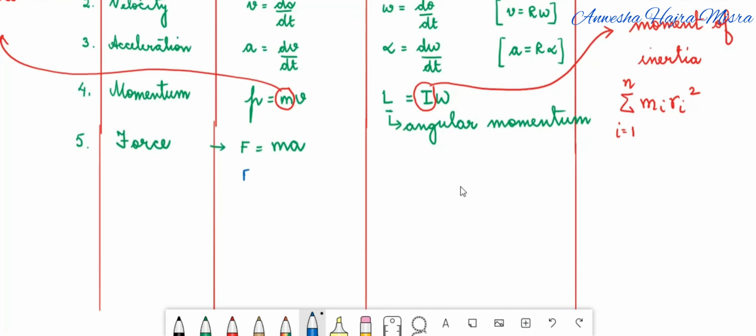Again we know force is rate of change of linear momentum. If force is 0, then dp dt is 0, p is constant, linear momentum is constant. This was called conservation of linear momentum.